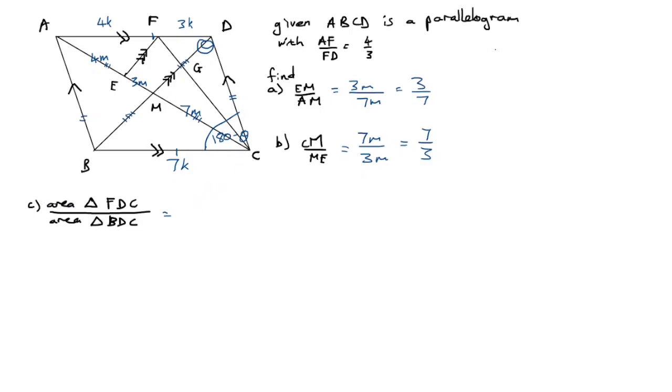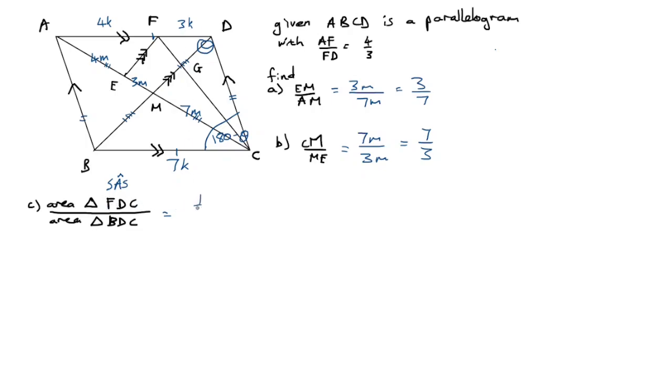When I do area ratio questions, I always go back to needing side, included angle, side, and doing half base times height times sine of the angle in between. So watch how it looks for the FDC triangle.